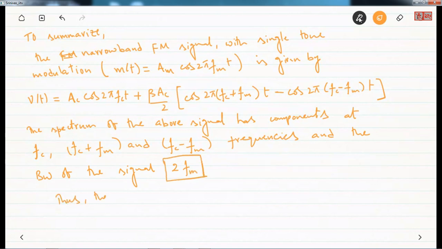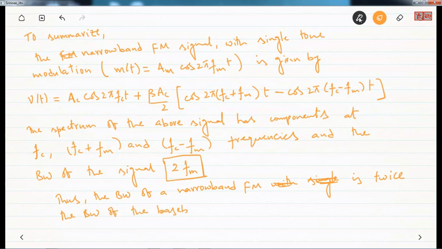Thus, the bandwidth of a narrowband FM is twice the bandwidth of the baseband signal, right?